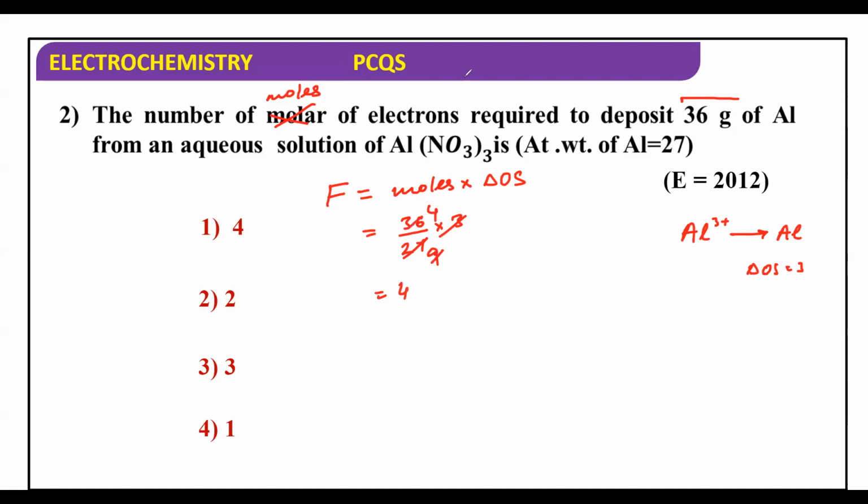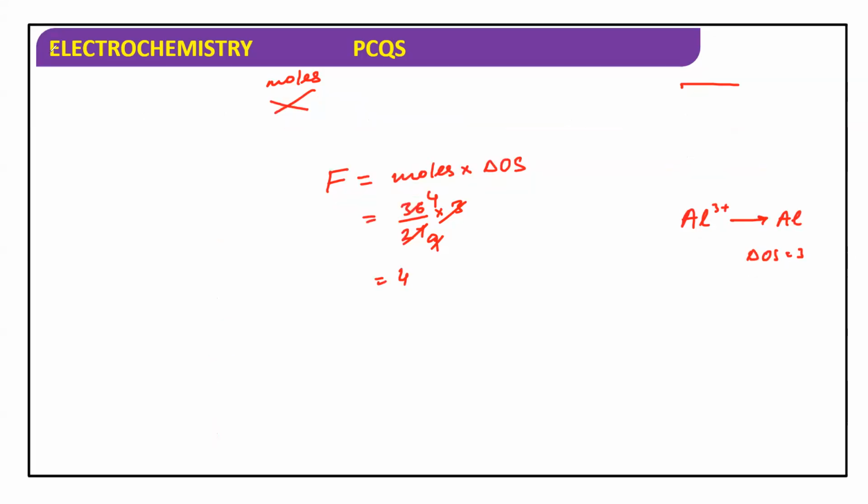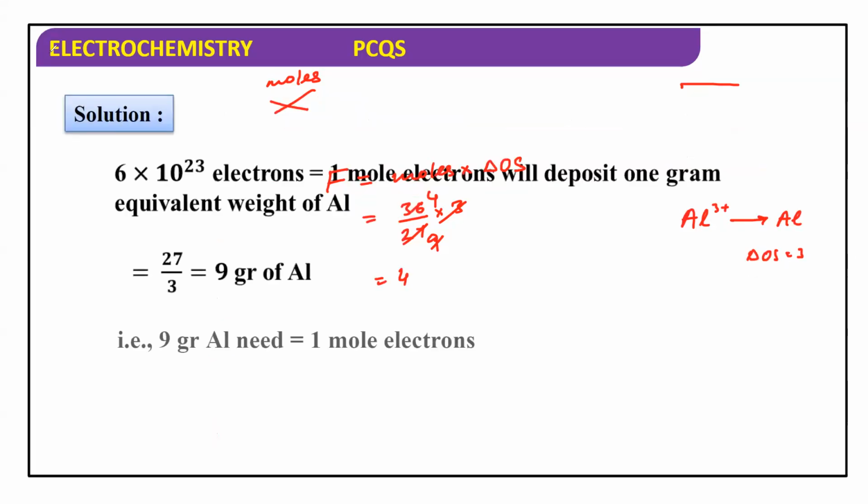So 1 Faraday is what? It is the charge on 1 mole of electron. You need 4 moles of electron. Make sense, Harsha and Sufyan? Yes, sir. ठीक है?